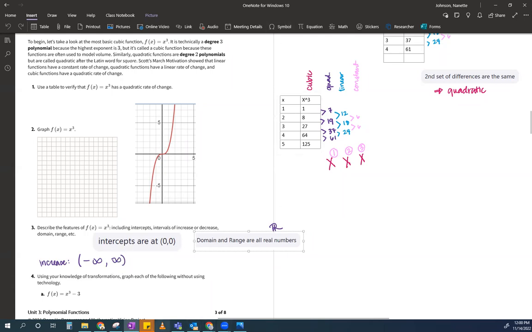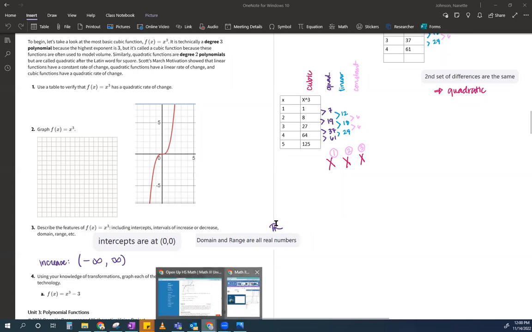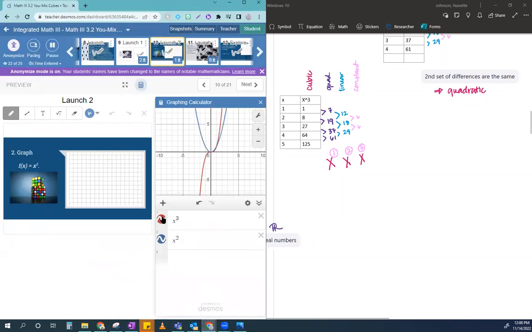Let's remind ourselves really quickly. From left to right, if your roller coaster is going up, that's an increase. From left to right, if your roller coaster is going down, and it's doing both in different places, very good. When it's going up, that's an interval of increase.